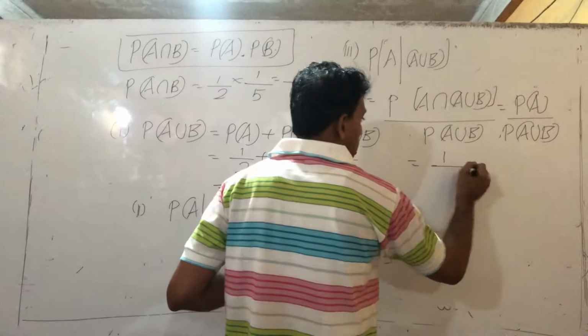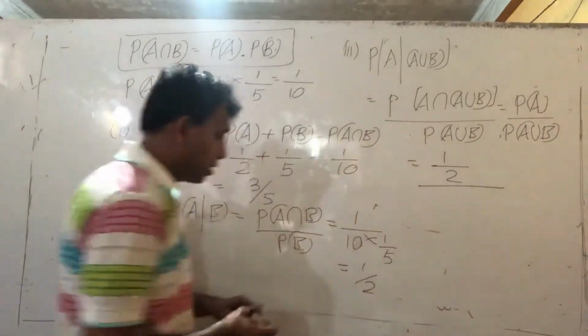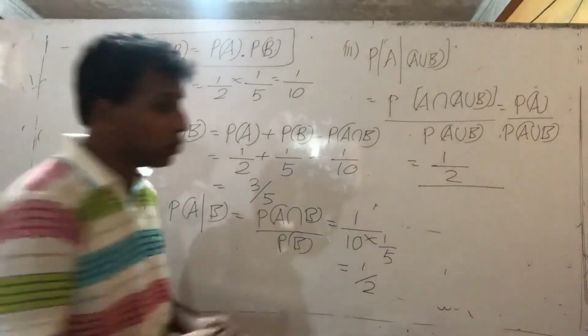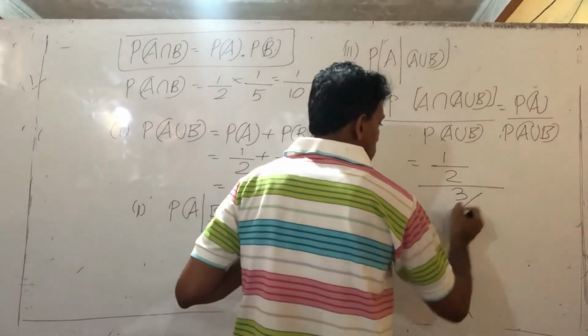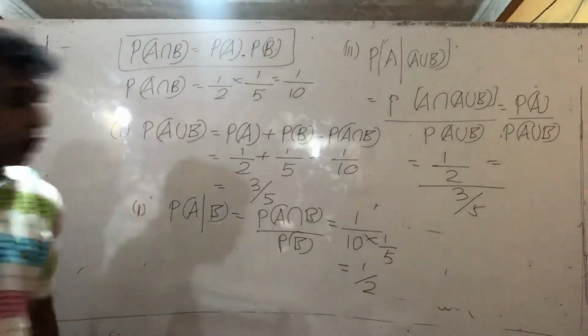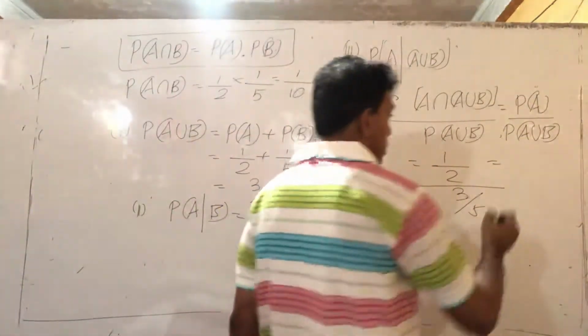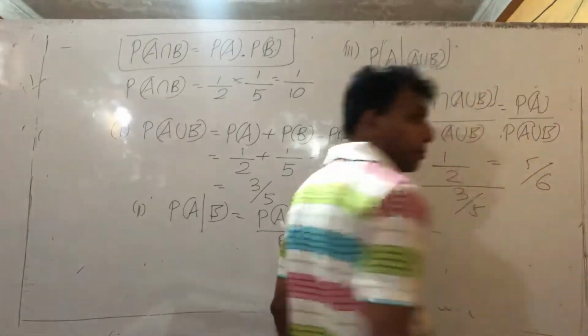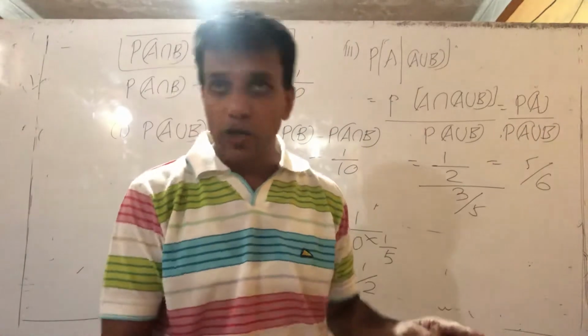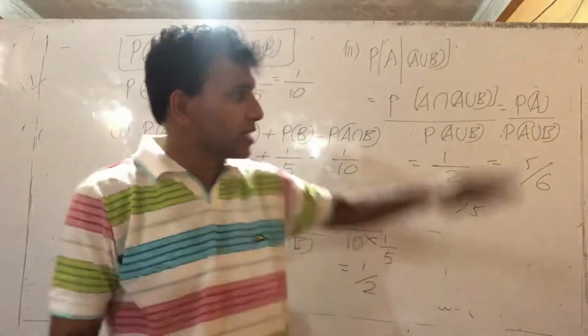Probability of A half over probability of A union B 3 over 5. So if you simplify, the answer is 5 over 6. It's 5 over 6, right? Simple, well balanced question for your future exam paper. Not only structure, maybe essay also, there's some problem asked.